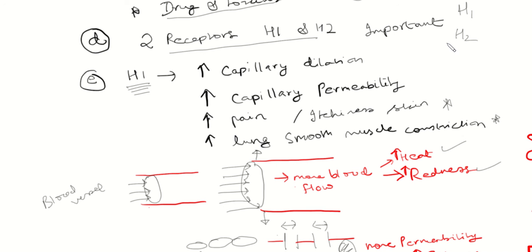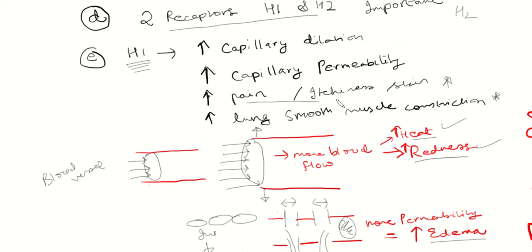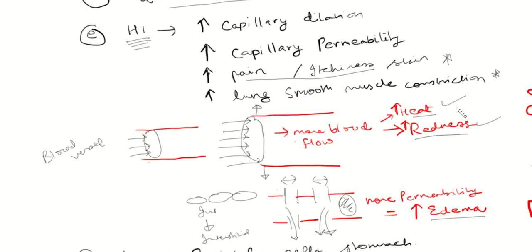And once you clean the debris, it helps the body regenerate. So whenever there's inflammation, the histamine is released, it acts on H1, it causes capillaries to dilate and increases heat and redness in that area. It causes edema because there's more permeability. There's pain and itchiness, which is on the skin. So these are some of the signs and symptoms of inflammation that one gets to see.